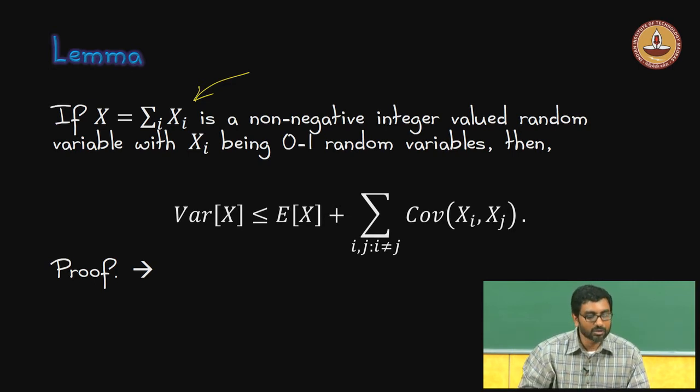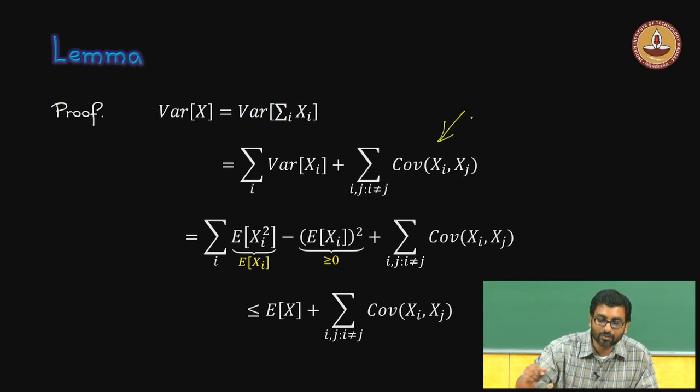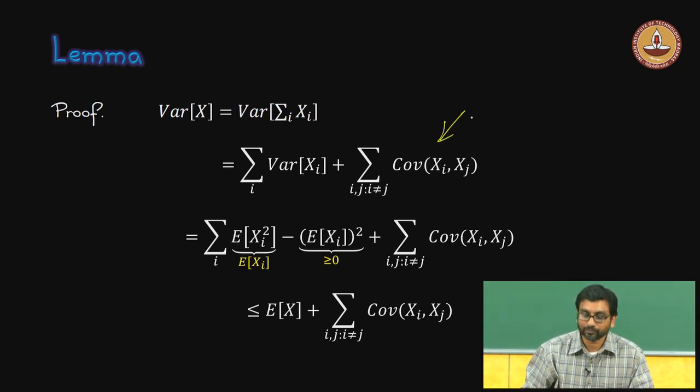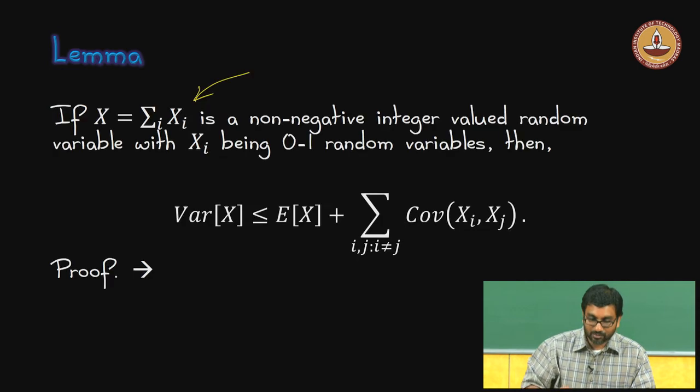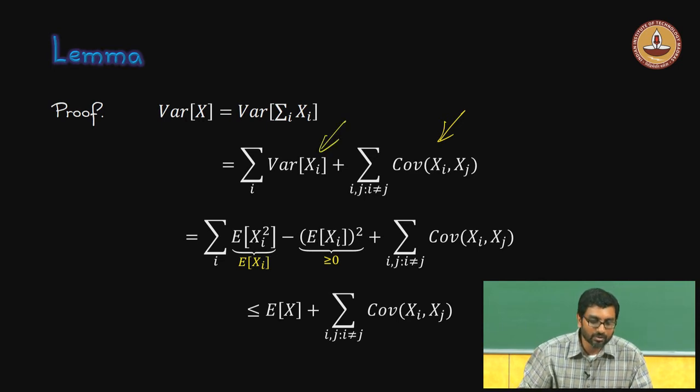So, we just need to do some minor massaging. Okay. So, we know that variance of x is the summation of the individual variances plus these covariance terms. Okay. The covariance terms is already matching what we have over here. So, we do not worry about that. So, we only worry about the sum over all the individual variance terms.